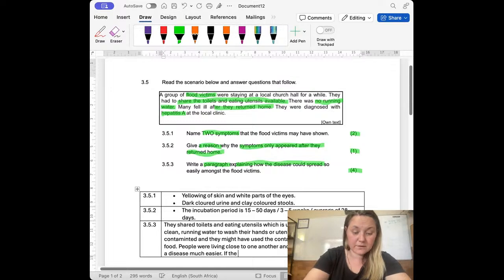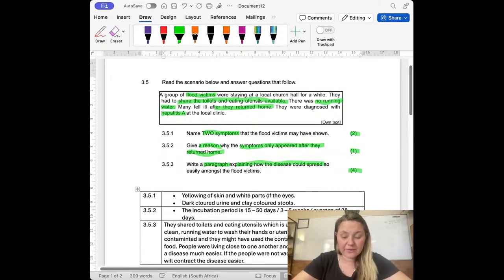If the people were not vaccinated against hepatitis A, they will contract the disease easier.